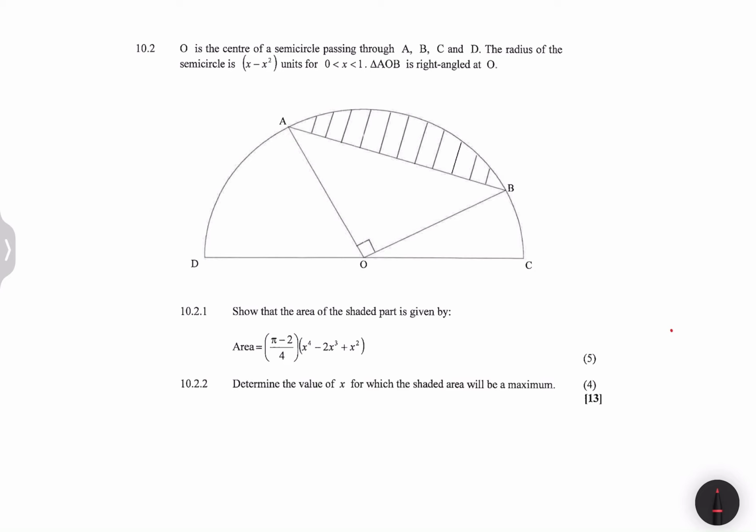The radius of the semicircle is x minus x squared units, for x between 0 and 1. And they say triangle AOB is a right angle triangle at O. Right, so in this case, they say show that the shaded part is given by that formula there.